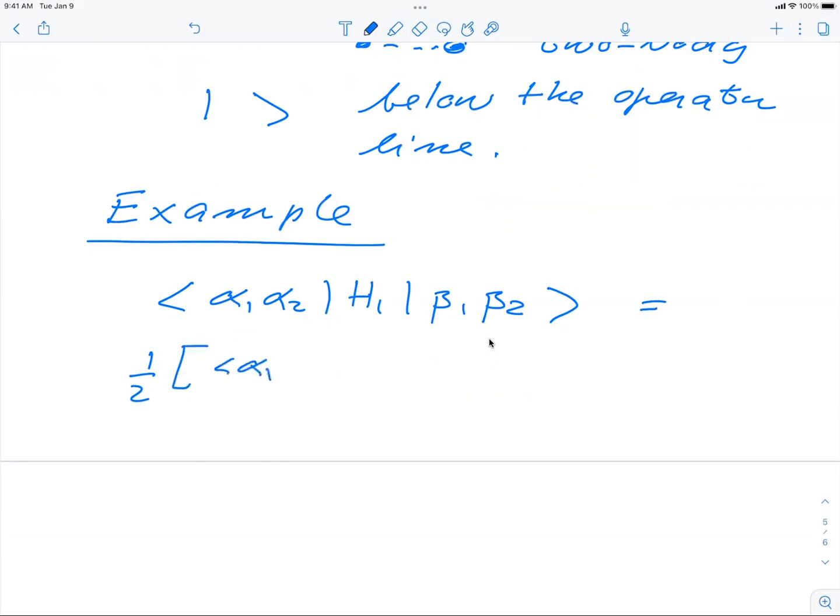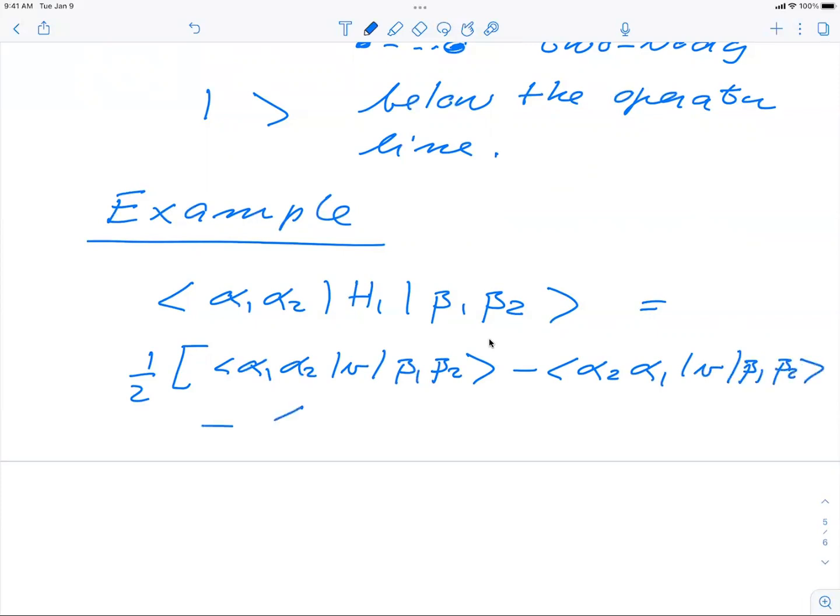So we got an alpha 1, alpha 2 of V. I'm just repeating what we saw when we did the calculations in either second quantization or standard first quantization. And then we got a matrix element with an alpha 2, alpha 1 of V, and then a beta 1, beta 2.